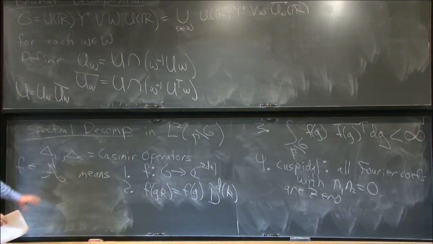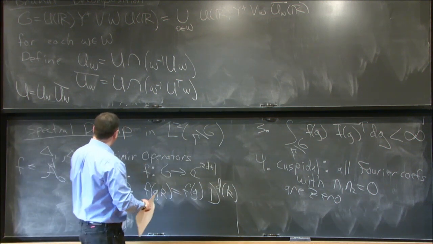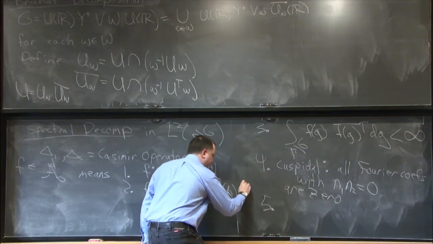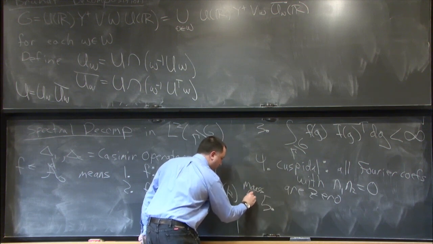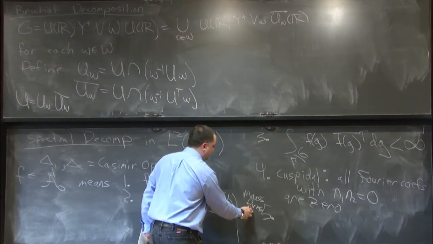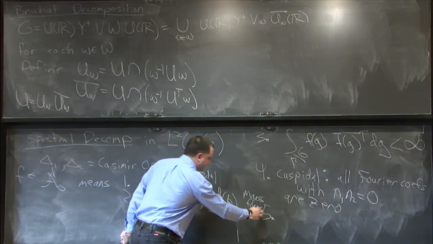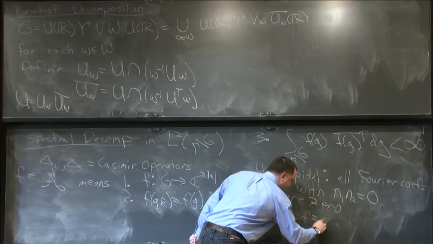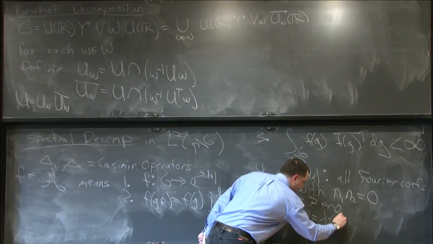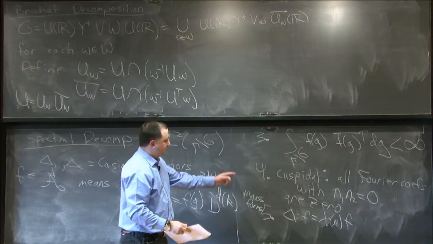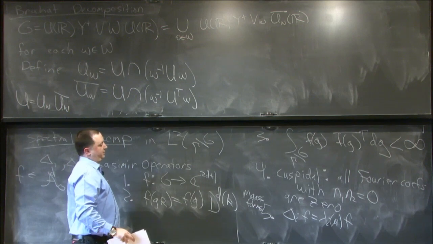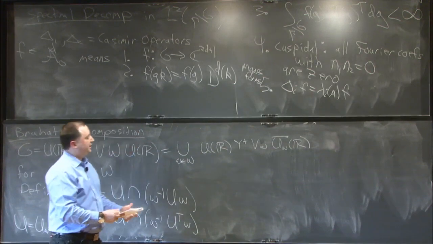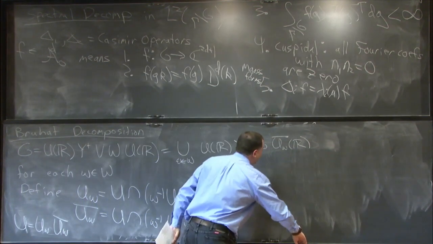But this space here has a basis of Maass forms, and Maass forms are eigenfunctions of these two things. So 5, Maass forms. Okay, so Maass forms are elements of this space that satisfy a fifth condition, and that condition is that delta i f equals lambda i of mu f, where these eigenvalues are specifically the eigenvalues of the power function at mu.